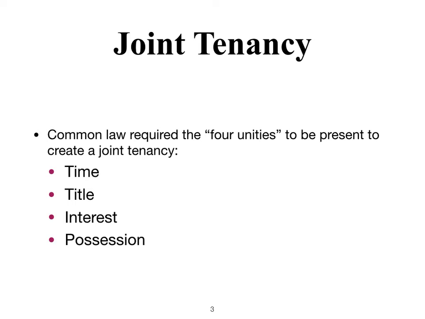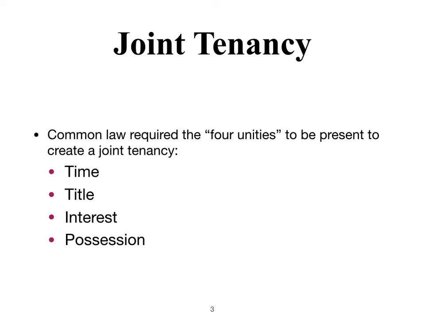Remember we said that joint tenants can sell or transfer their property to somebody else. But if they do, then the joint tenancy is going to be severed. If it is severed, then they become tenants in common. If you think about it, it makes sense.